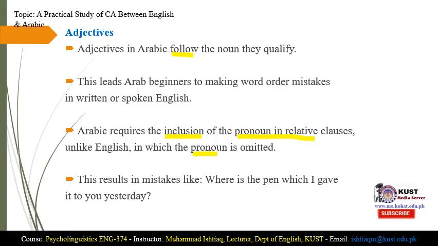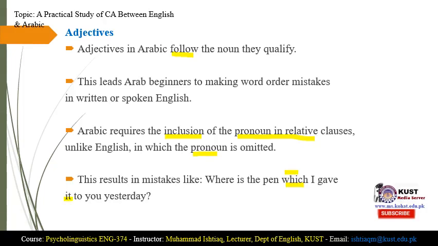This results in mistakes like, "Where is the pen which I gave it to you yesterday?" Similarly, we may omit this and say "where is the pen I gave to you yesterday", but Arabic may retain an extra thing, "it". This is not needed at all as far as English structure is concerned.